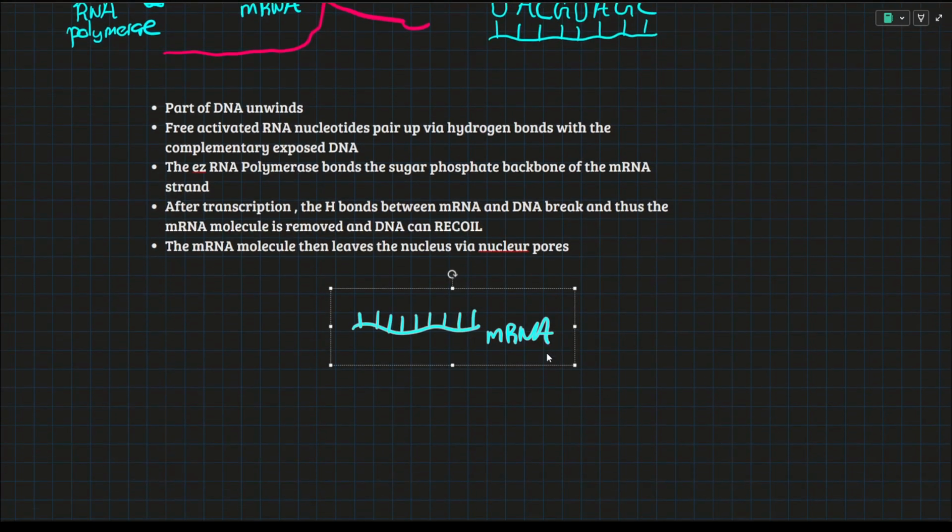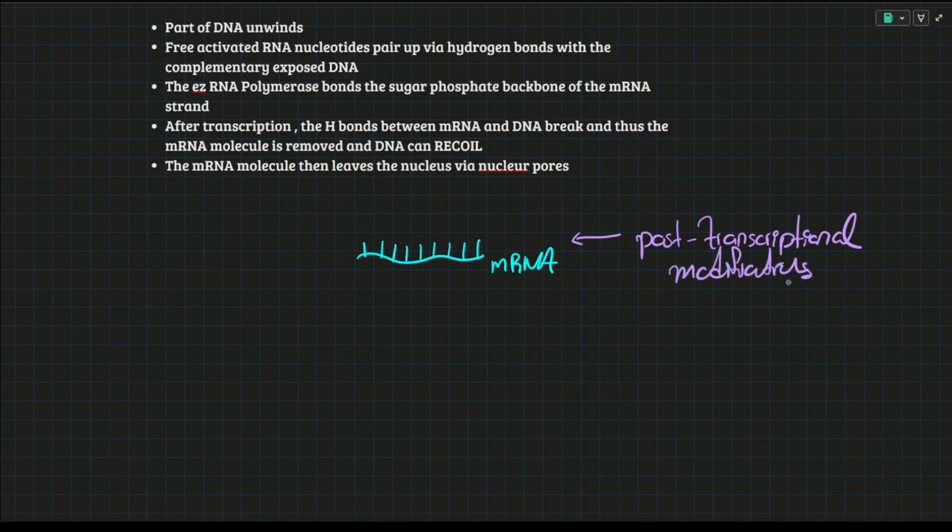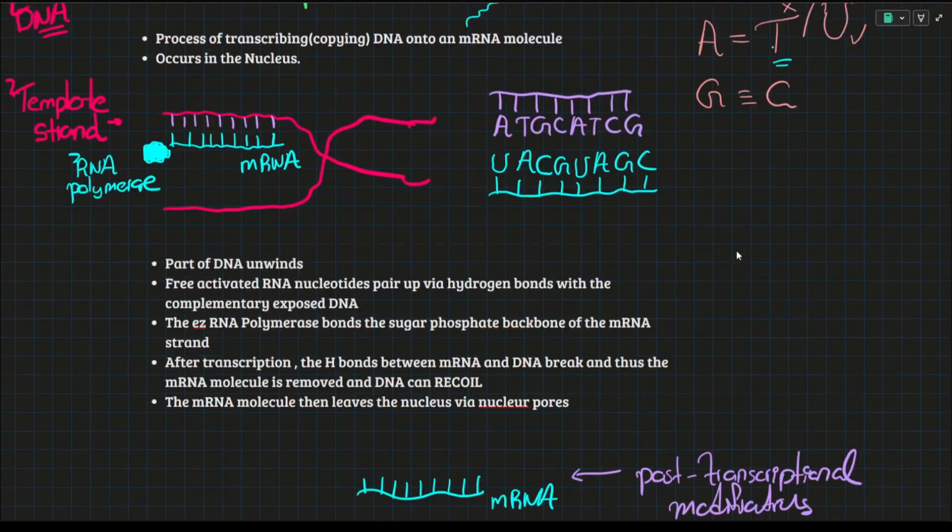Now it's outside the nucleus and it's going to undergo these post-transcriptional modifications I was talking about. I will not be talking about these post-transcriptional modifications right now. I'm going to focus on translation and then we can go on to that.